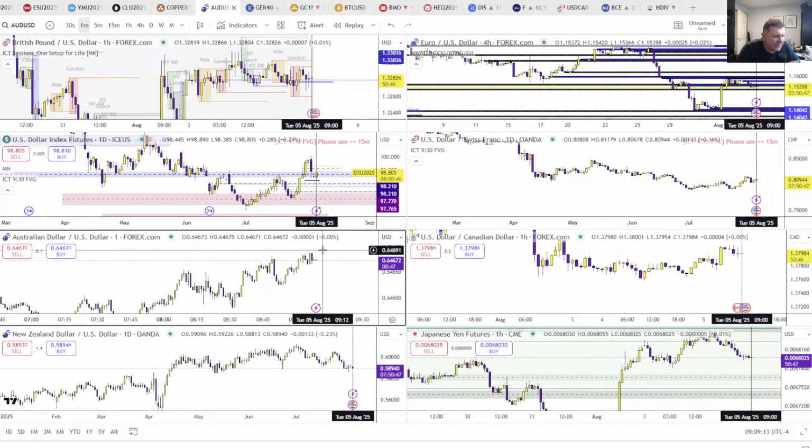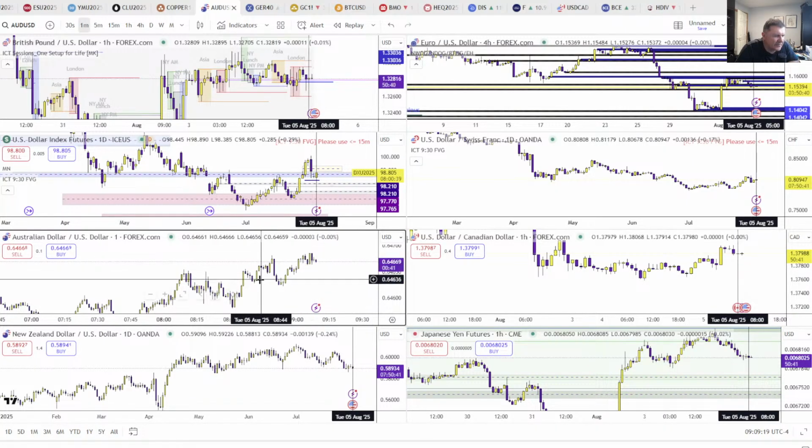Well, it should be lifting off. It's taking its time. It should be lifting off of there already. It's already through that main threshold, so chances are we could just roll over. If we get through this level here, look for it to target 64, 63.